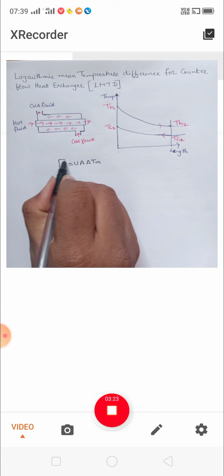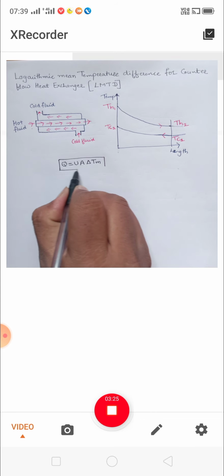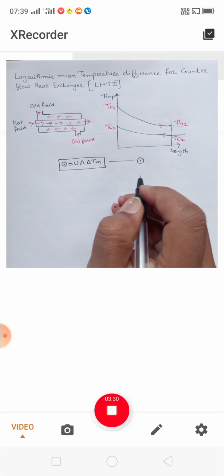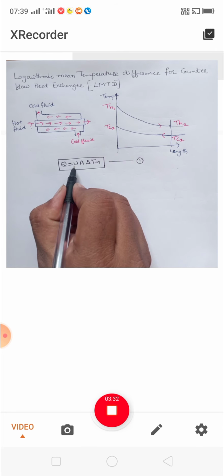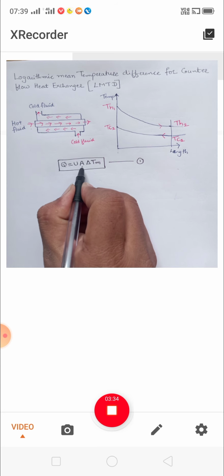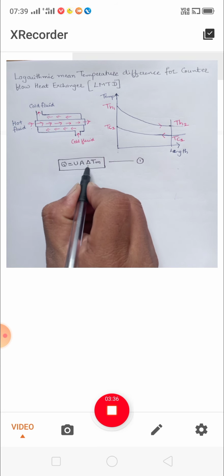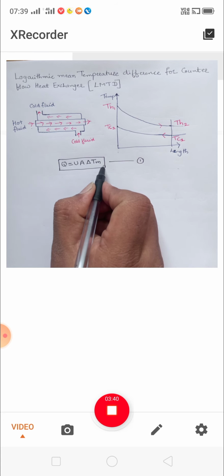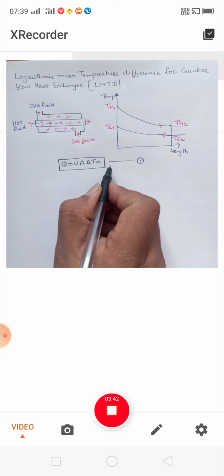The same equation as we have written for the parallel flow heat exchanger. Let me call this equation 1, where U is the overall heat transfer coefficient, A is the area of heat transfer, and delta Tm is the mean temperature difference between the hot fluid and the cold fluid.